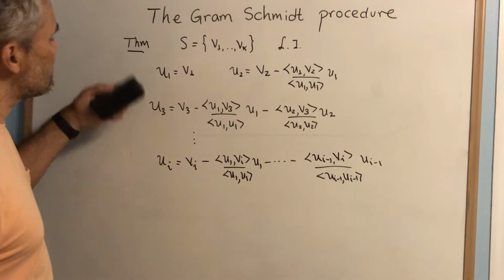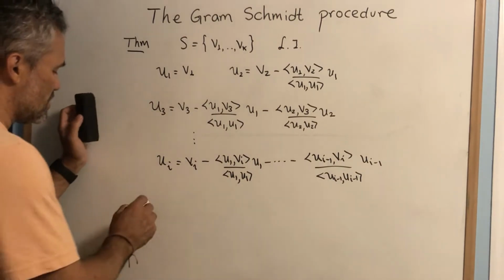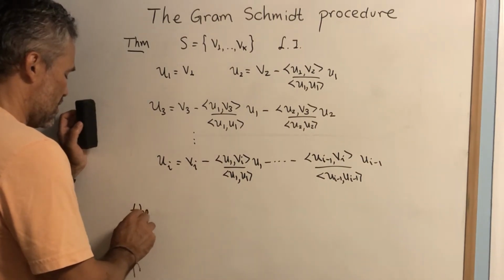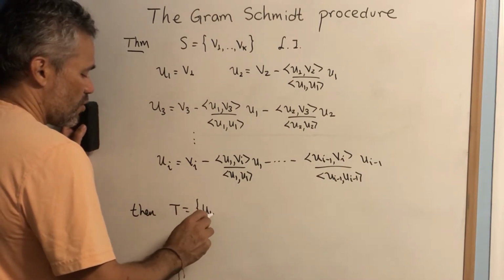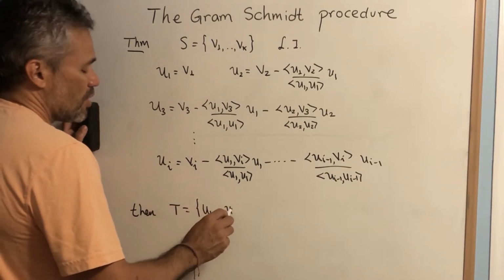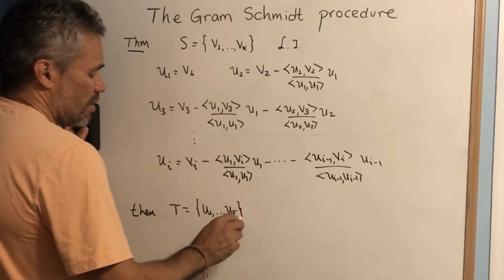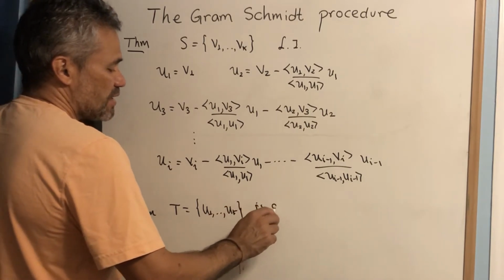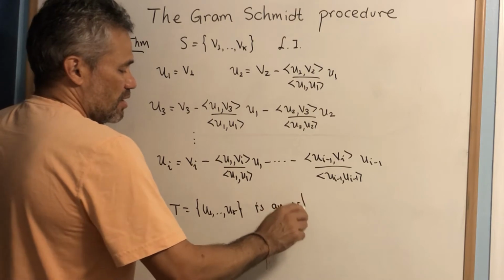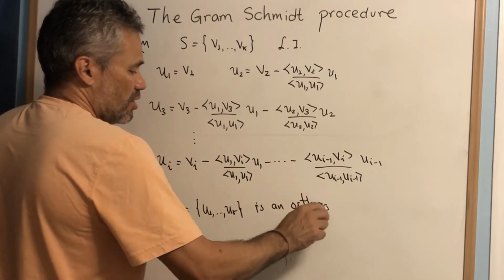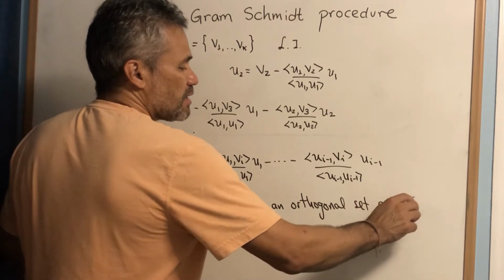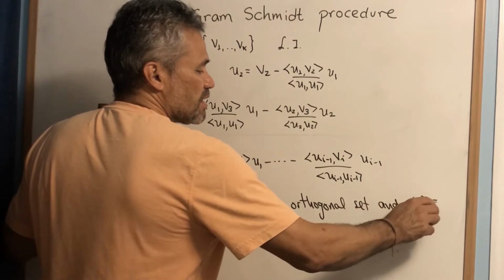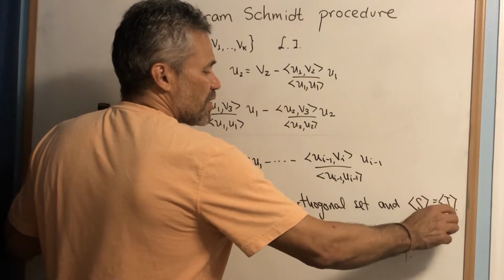Then this collection of new vectors, T equal to U1 up to UK, is an orthogonal set, and the span of S equals the span of T.